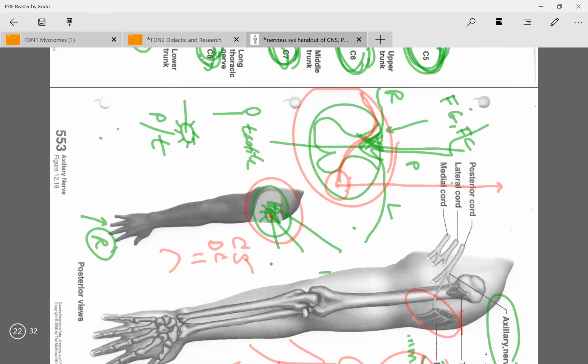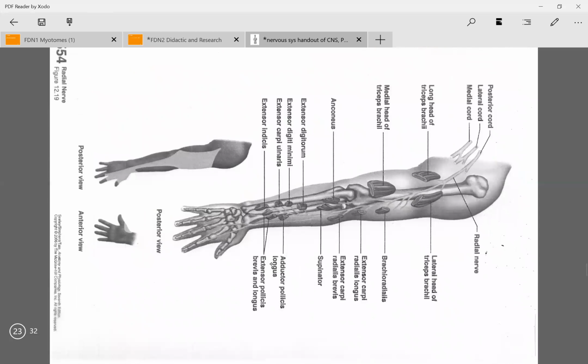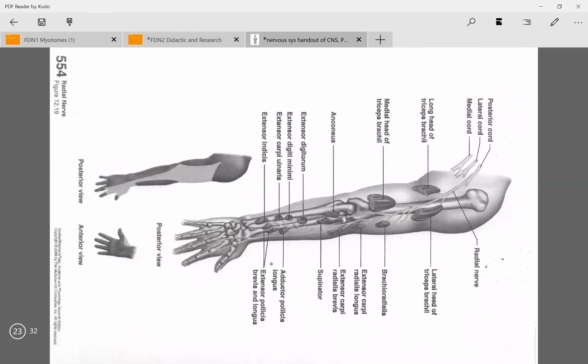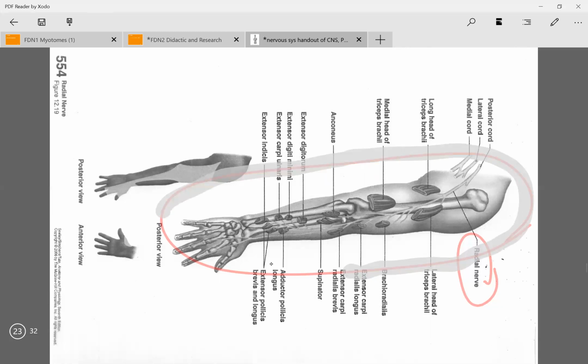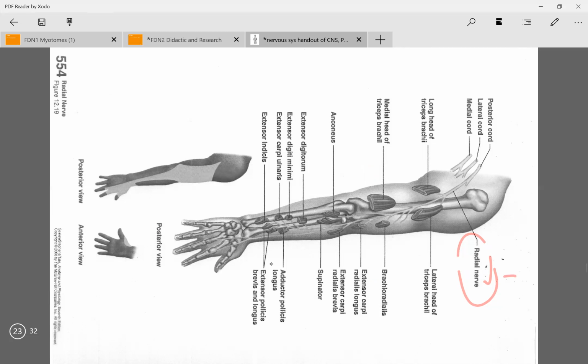Okay. All right. Let's go to radial nerve. This is a posterior view of the person's arm. The motor muscles are all the extensors of the arm.